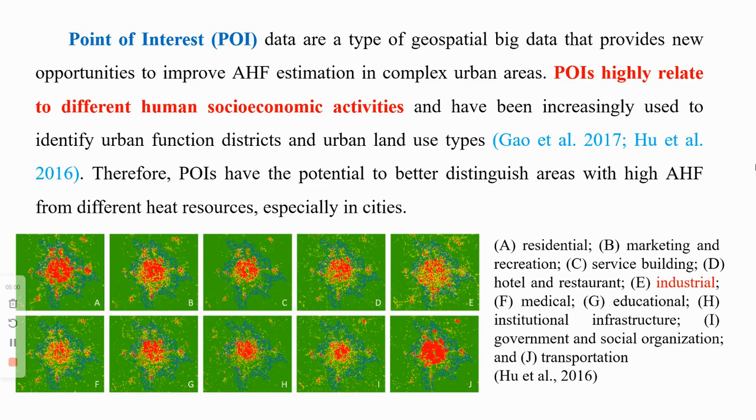This figure shows POI locations from different types in Beijing. So the factories are located in suburban areas. So POI data have the potential to better distinguish areas with high heat flux from different heat sources, especially in complex cities.